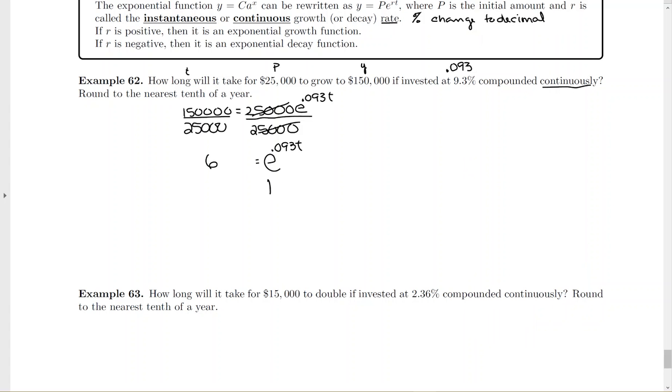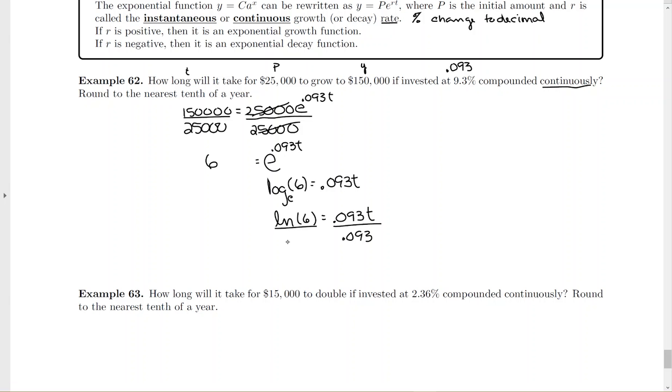Log base e of 6 equals the power. Log base e is natural log. And then solve for t, so divide both sides by 0.093.